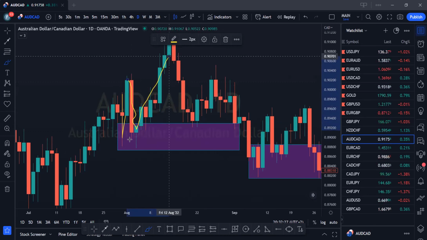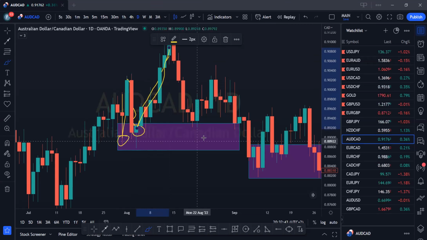If you are using your concept of 2 touches, this is the first touch, this is the second touch, and then we can see that huge displacement. So this support zone is valid when there are 2 touches. The next time that price gets into the zone, you're expecting price to act as a support.